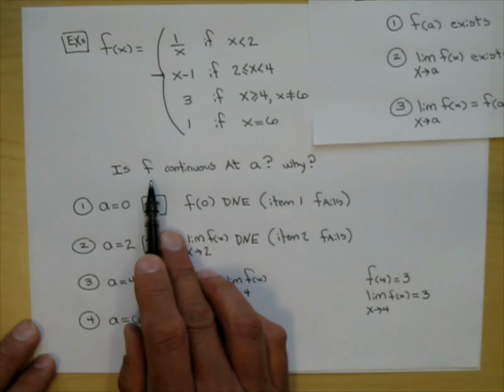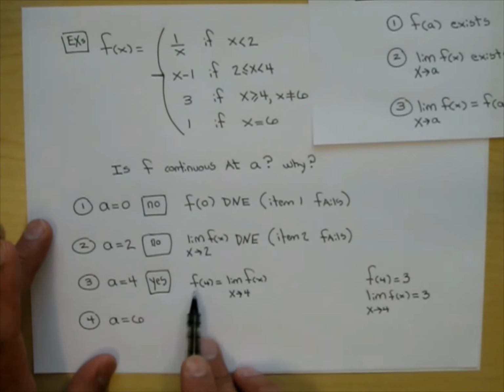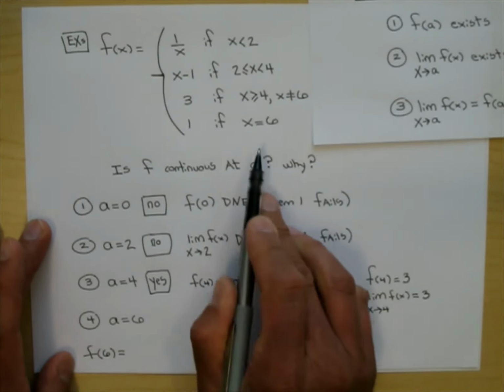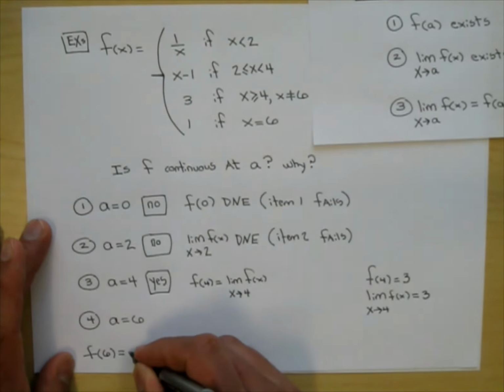Okay, is f continuous at 6? Okay, so first of all, what is f of 6? So I should have been writing more of this down for problems 1 and 2, but I'll write it down here. So f of 6 is, well, if you put 6 in here, it has to take the bottom row. It is 1.